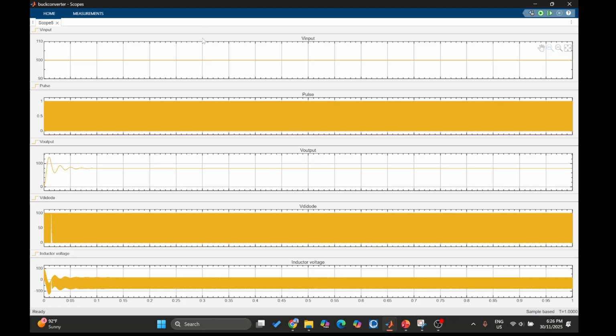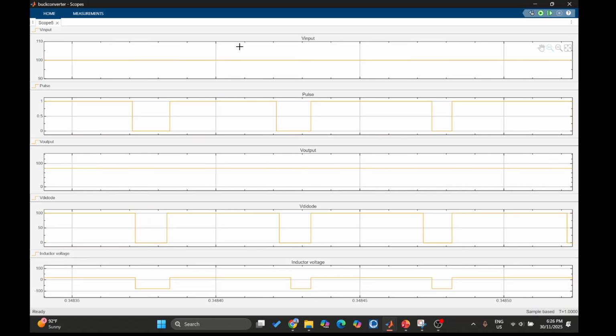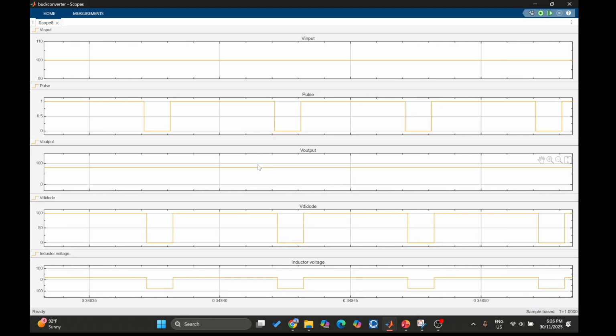Firstly, I have the input voltage waveform, where I am giving 100 volt, a stable straight line at 100 volt.